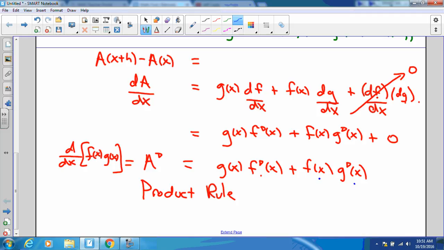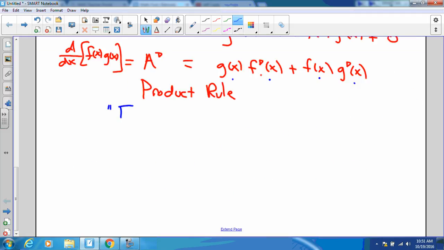Observe that when we do our product rule, what we get is the first function f times the derivative of the second, plus the second function g times the derivative of the first.